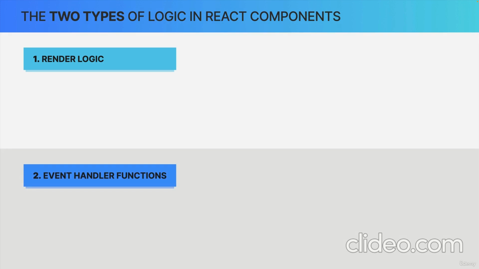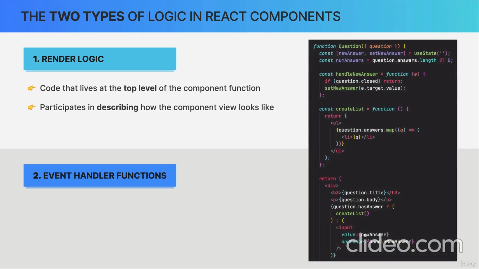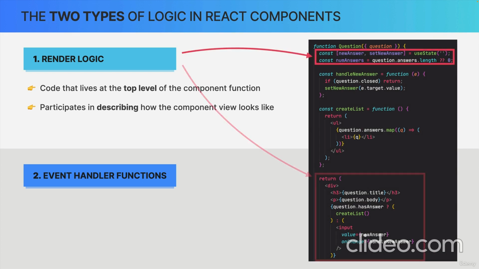So render logic is basically all the code that lives at the top level of your component functions and that participates in describing how the view of a certain component instance should look like. So in this code example, there is a lot of render logic. So we have these two lines of code at the top level, and then also the return block where our component returns its JSX.